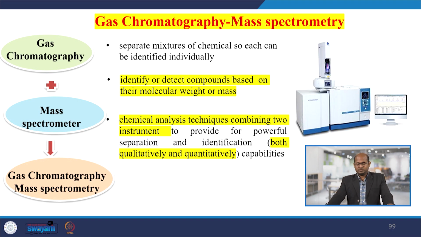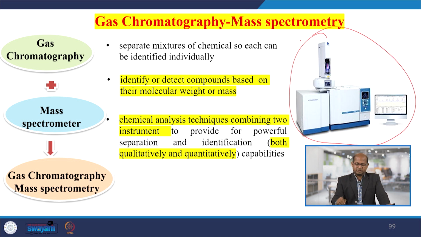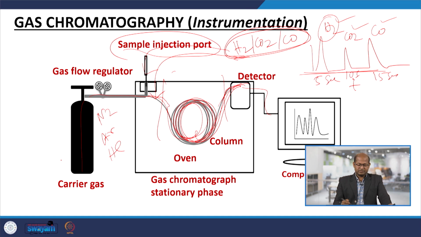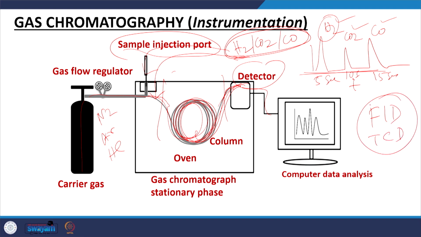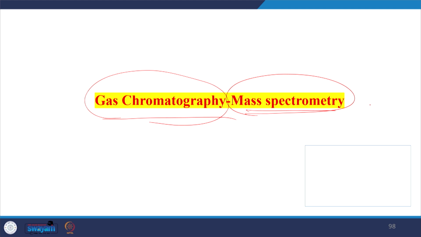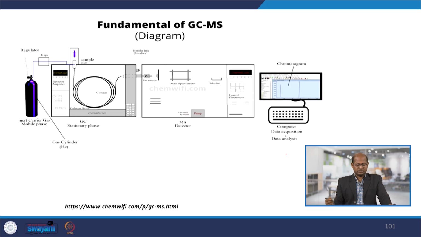Here the GC is the same, but the columns are different. An additional part is there, that is the mass spectrometer. In the normal GC the detector may be FID or TCD, and these detectors are not as sensitive as the mass spectrometer or MS detector. So, this is GC, this is MS, both are coupled.